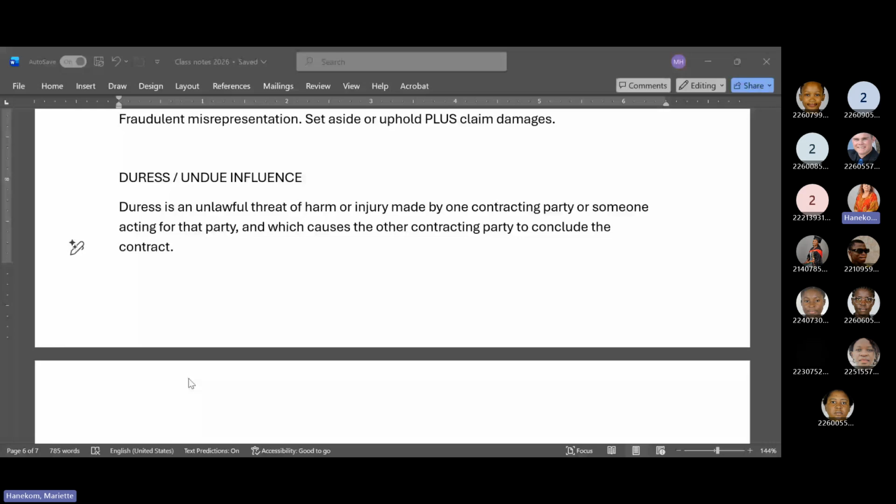Think with your heads. She agreed to buy my car. It's the same as if I told her it's in perfect working condition and she agreed to buy it. Now there was a threat of harm. She agreed to buy it. There is consensus.